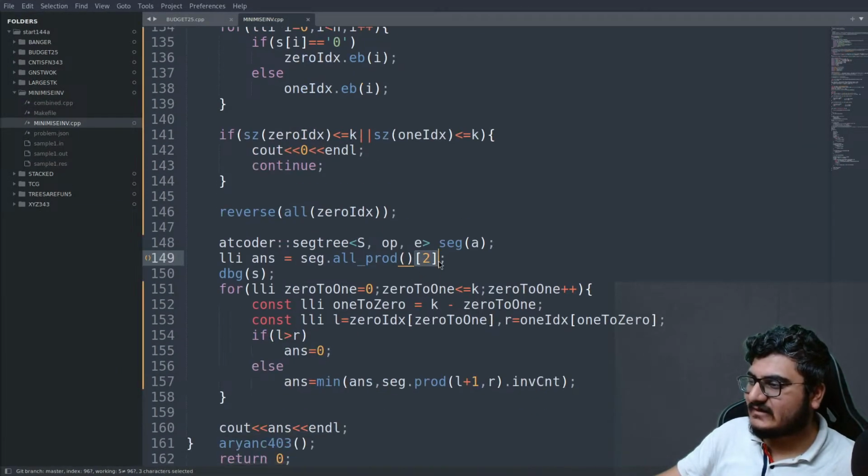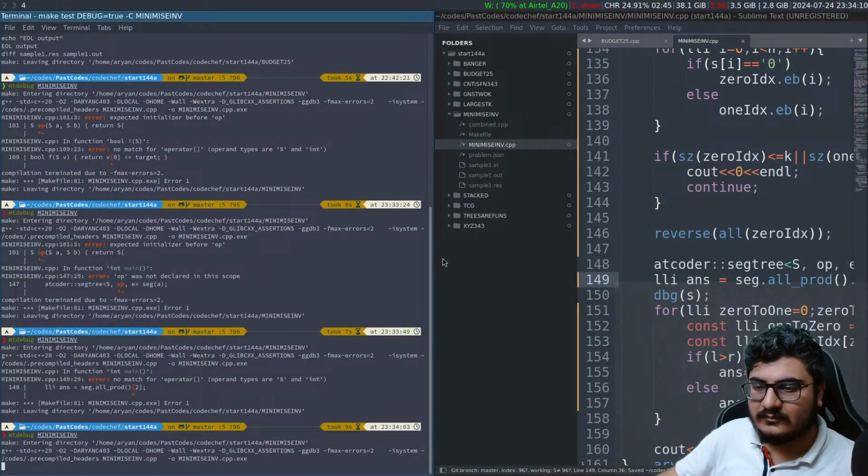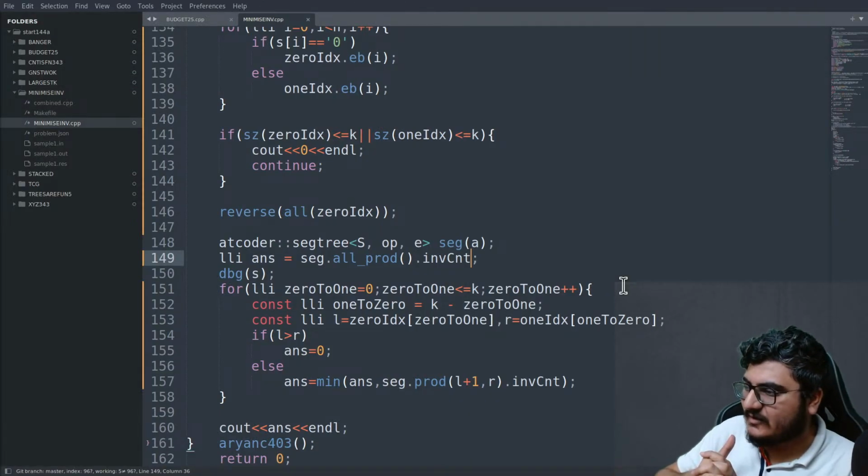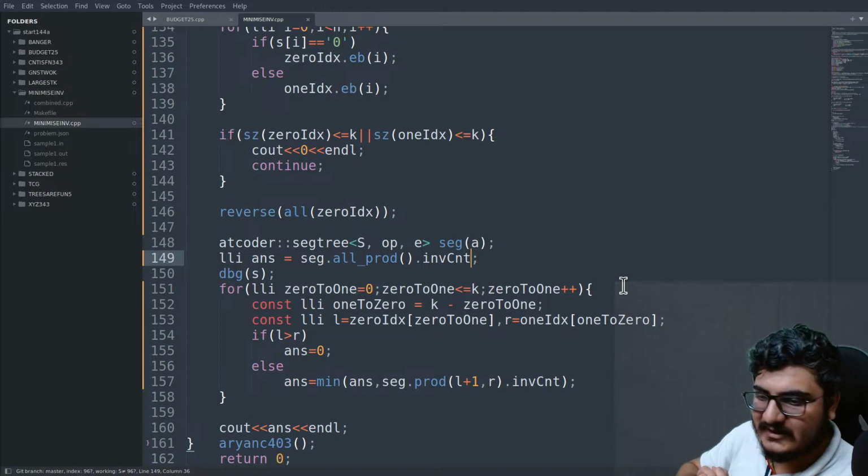We can initialize the answer as the initial inversion count. Wait, it looks like I messed up some bug somewhere, but this was the main idea.